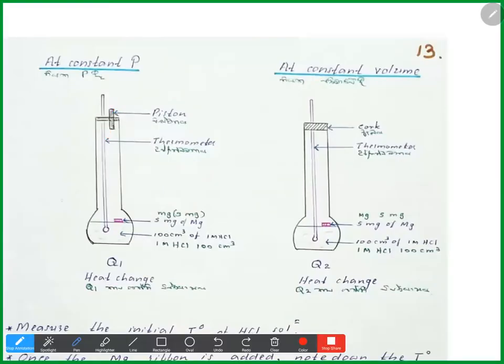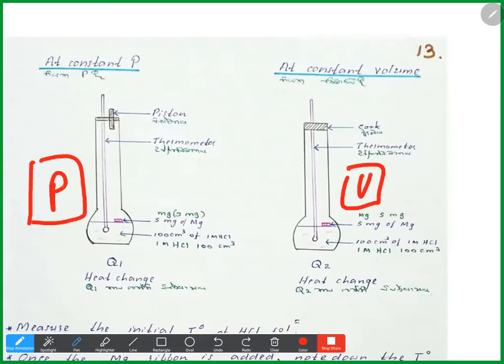So when the pressure is increasing, the piston goes up to decrease pressure. If the pressure is decreasing, the piston goes down to increase the pressure. Whatever the way, pressure is controlled by the piston. So this is constant pressure condition and this is constant volume condition.